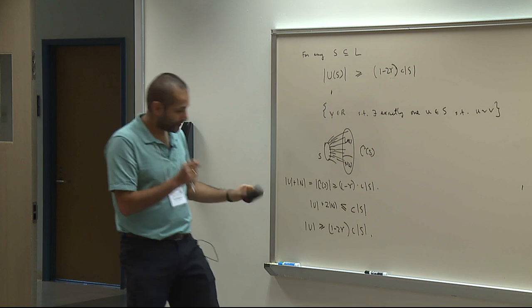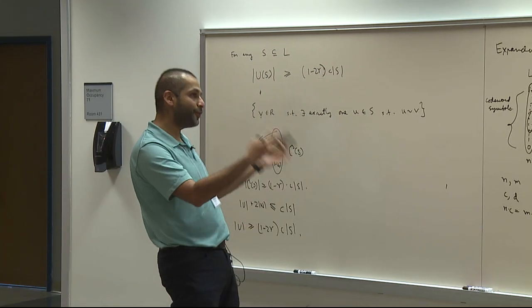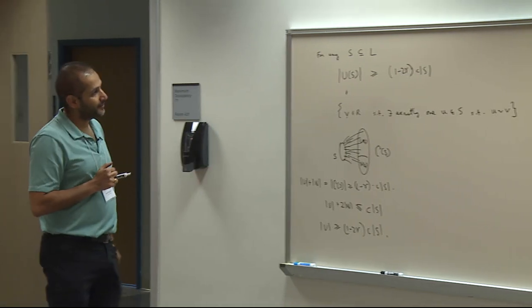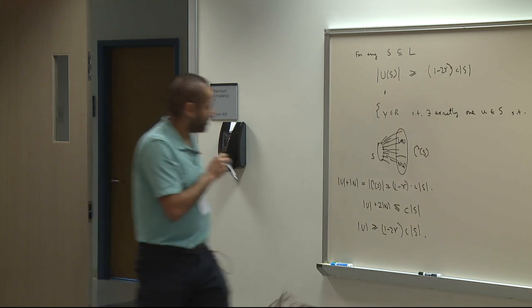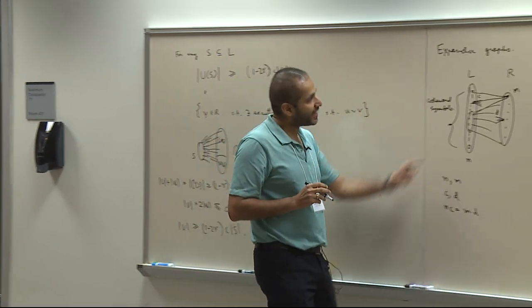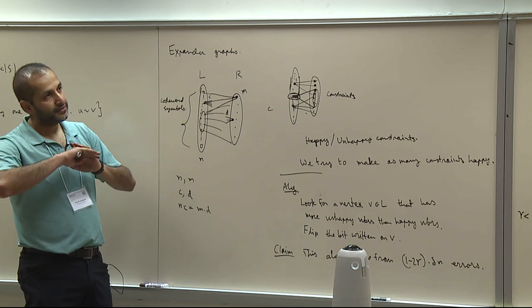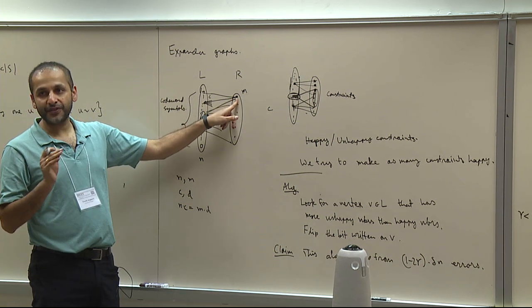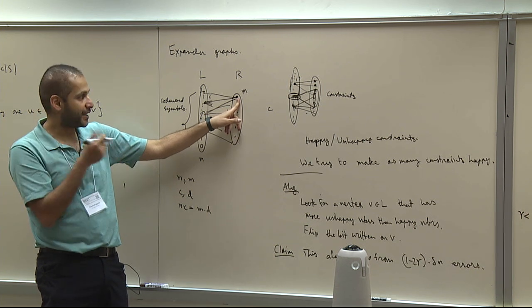So this expander code is an instance of a slightly more general family of expander codes. These are called Tanner codes, where the constraint which we applied on the right is of a particular form. We ask that the neighbors of every vertex form an even weight word. This is the parity constraint.